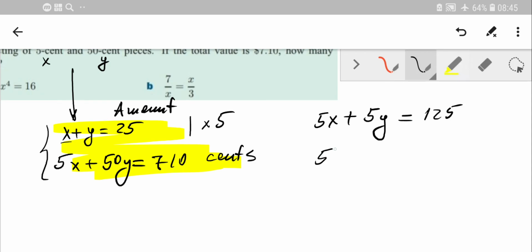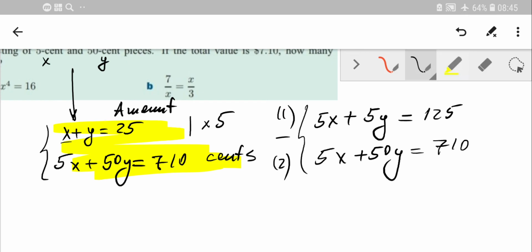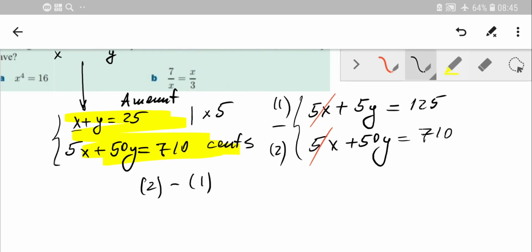That's my way. 5x plus 50y equals 710 cents. So now I subtract equation 1 from 2, and I'll cancel all 5x's because they'll become 0 together.